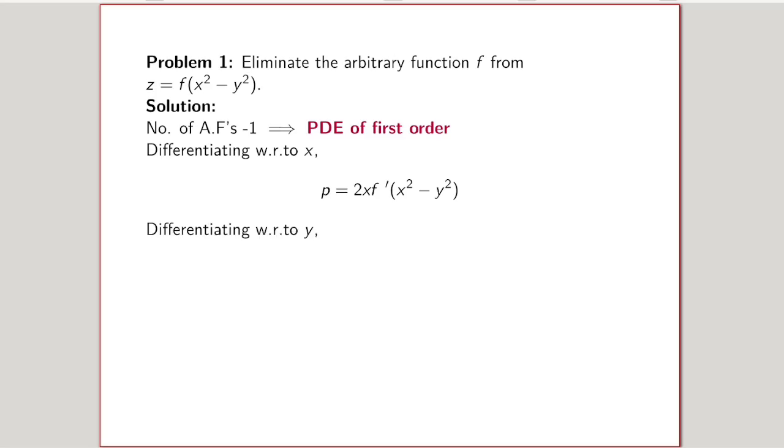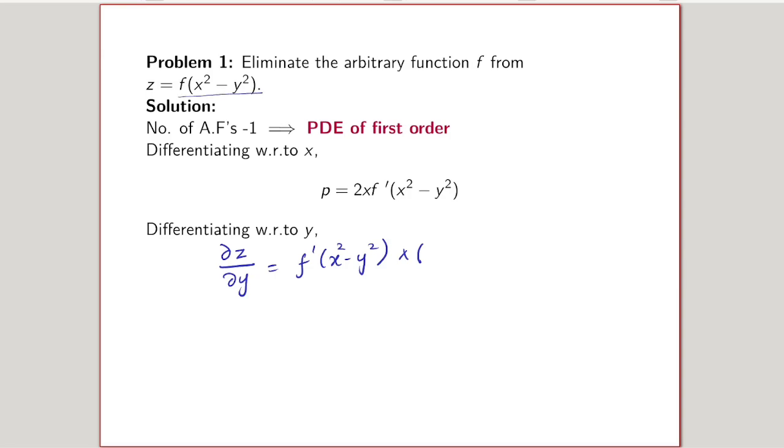Next, we are going to differentiate the given relation z equal to f of x squared minus y squared with respect to y. The left hand side will be dou z divided by dou y, and your right hand side will be f dash of x squared minus y squared into, note that we are differentiating this term with respect to y.